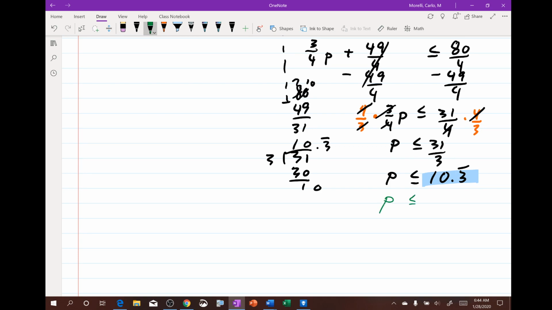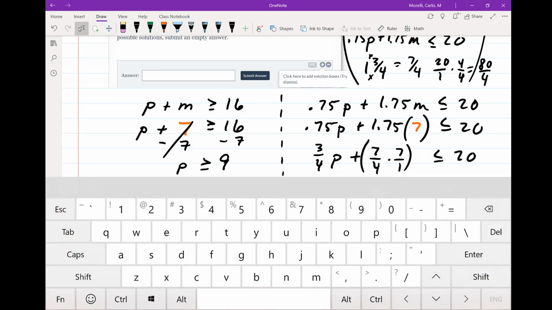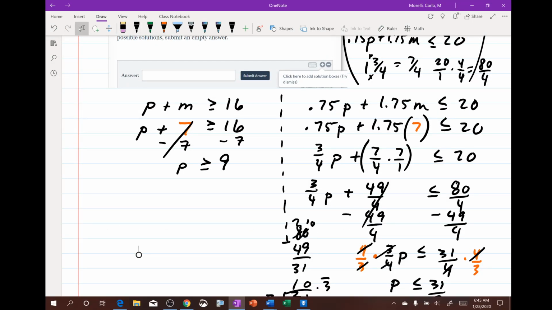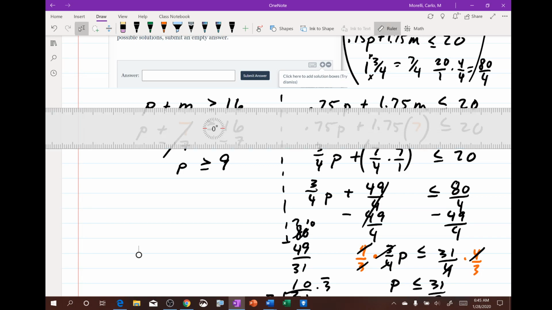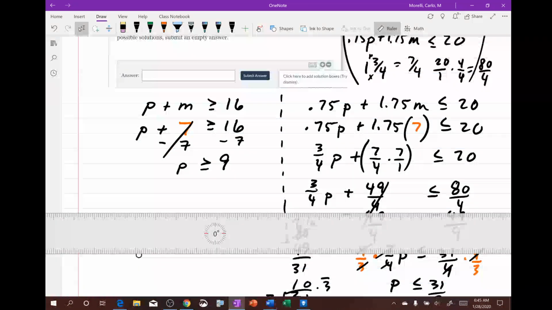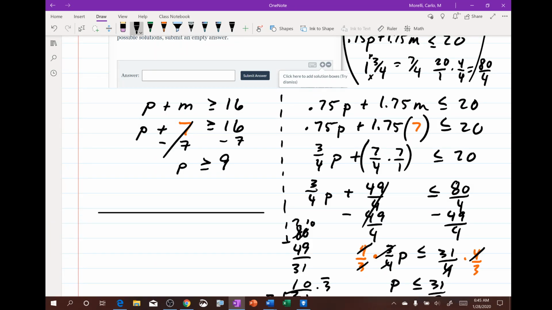So if we want to finish this off, we need to sketch a number line like this and see where the overlapping solution set is. So here's your little number line. We have 9 here and 10 here. Okay, so let's read our inequality. P is greater than or equal to 9.